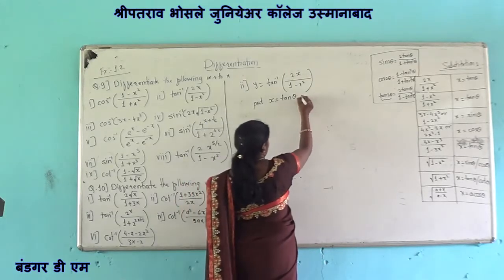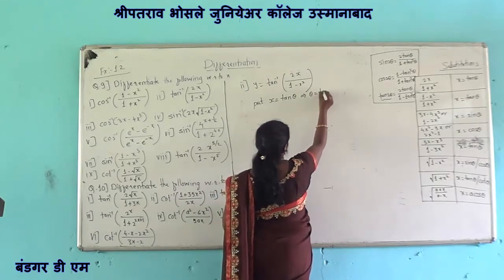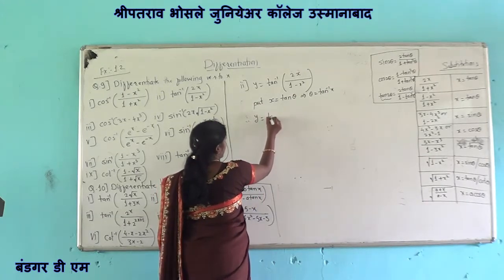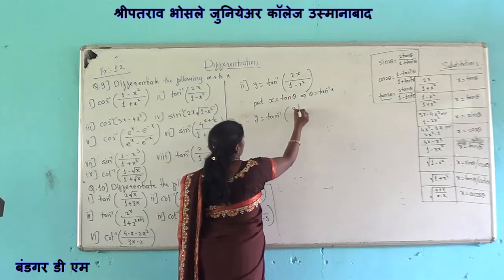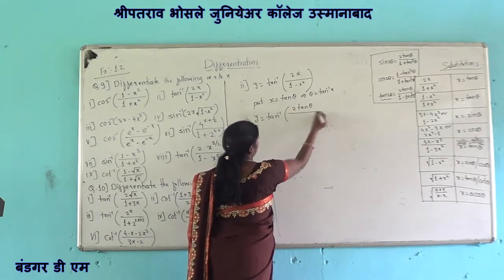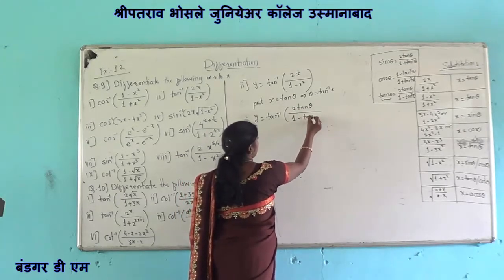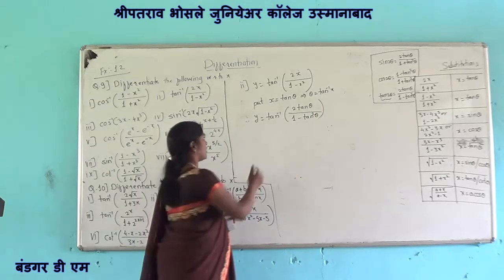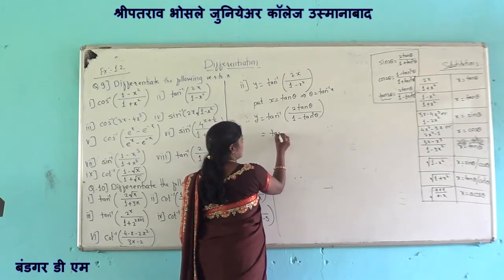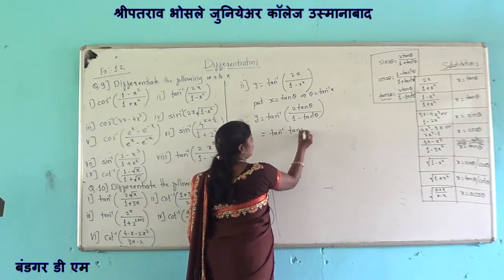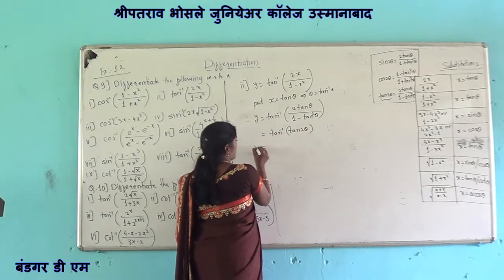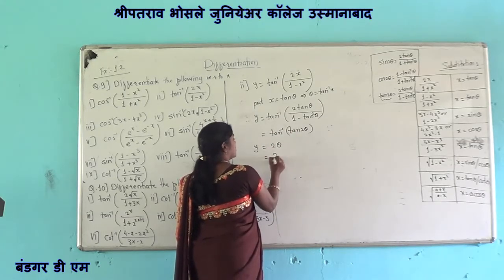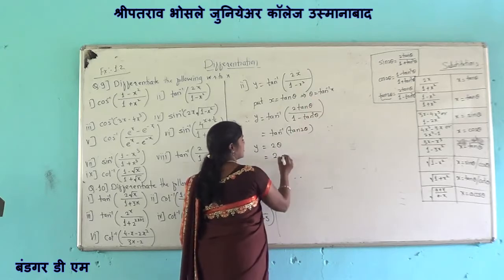So, theta is equal to tan inverse of x. So, y is equal to tan inverse of 2 tan theta upon 1 minus tan square theta, which is the formula for tan 2 theta. So, we get y is equal to tan inverse of tan 2 theta. So, tan inverse and tan cancel, we get 2 theta, and theta is tan inverse x.